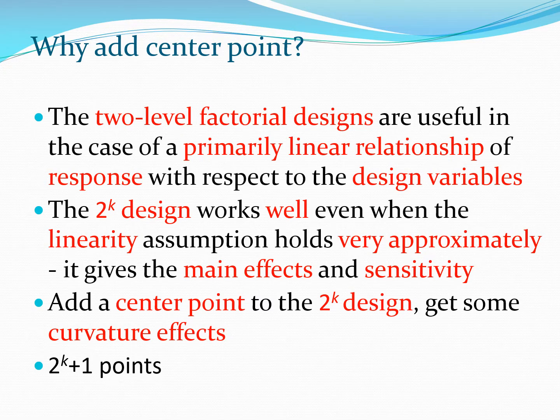Now we have seen that the two-level factorial design, where the two levels were high and low, is useful when you are looking for a primarily linear relationship of response with respect to the design variables. And this is the case in many experimental situations where you are trying to get a very basic model which essentially captures the mean value and the slope of the variation.